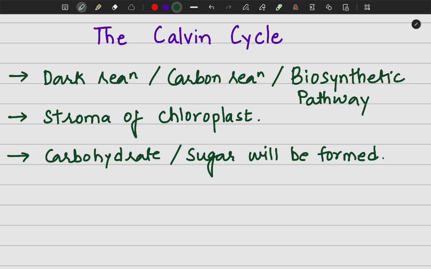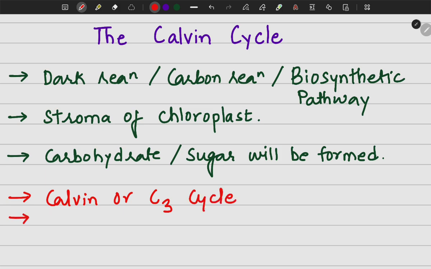The Kelvin cycle is also known by the name C3 cycle. It was discovered by a scientist named Melvin Kelvin.